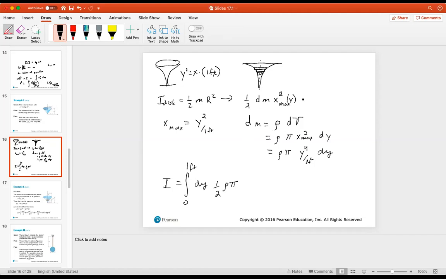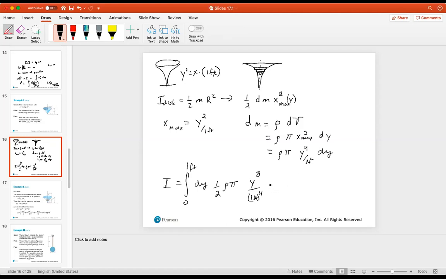And then I'm going to have y to the, let's see, I get 4 factors of y from here, and I get 4 factors of y from dm, so that's y to the 8th. But I have to divide by 1 foot to the 4th, basically 2 unit conversions in x squared and 2 unit conversions coming from dm. And I think that's everything.